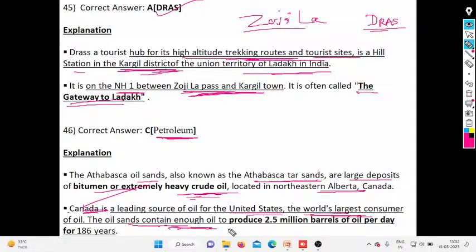Oil sands contain enough oil to produce 2.5 million barrels per day for 186 years.